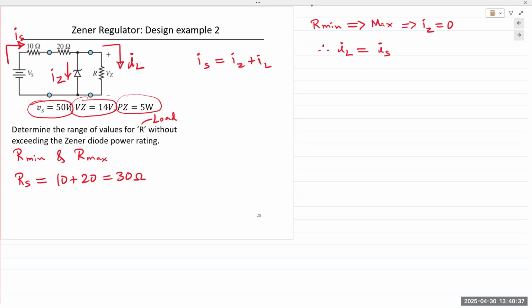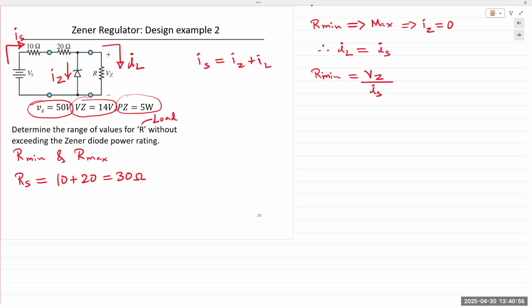So we can find our minimum R as the output voltage Vz over IS. Vz remains constant.